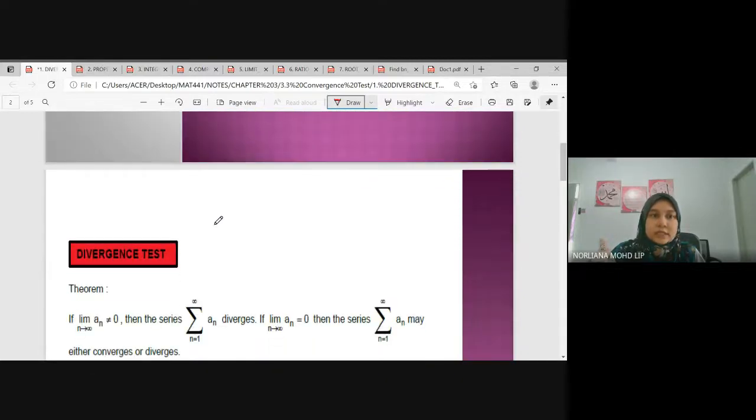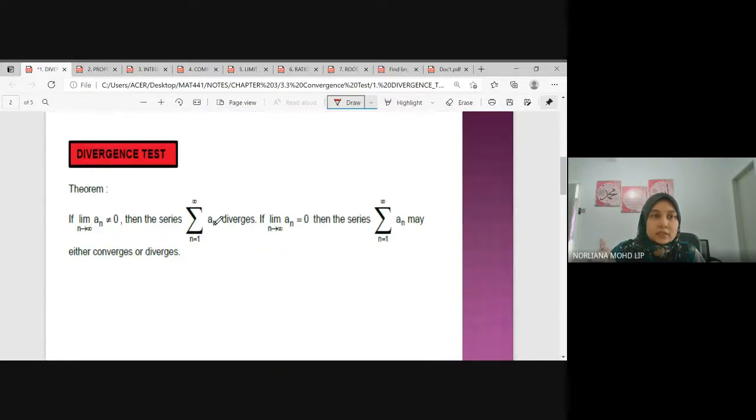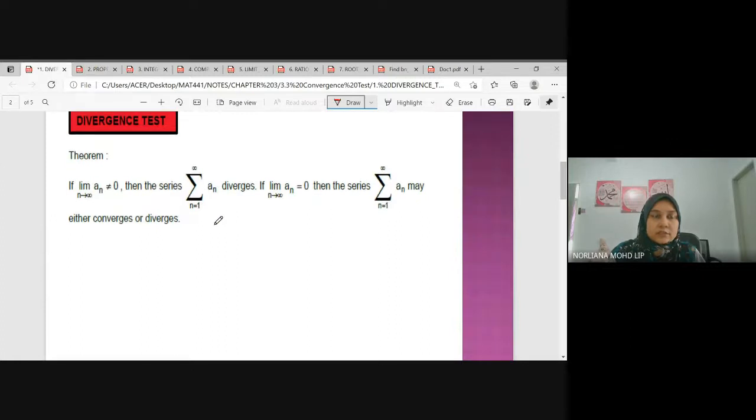Okay, so what is divergent test? The theorem divergent test mention that if the limit an when n approach infinity is not equal to 0, then the series of an when n equal to 1 until infinity is diverge.